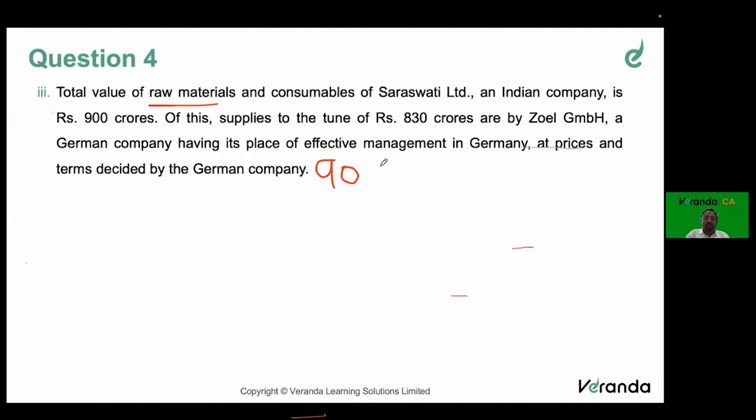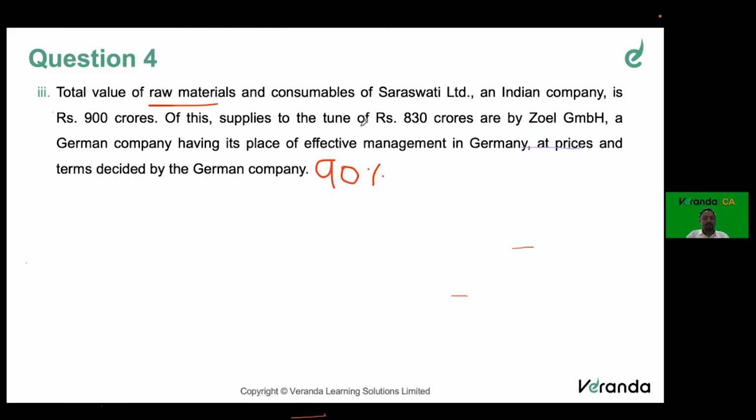So if more than 90% of raw material is purchased from one entity which determines the pricing, they become a related party, even though they do not have any influence on management, control, and ownership. So even in that case, it will still be called an associated enterprise.